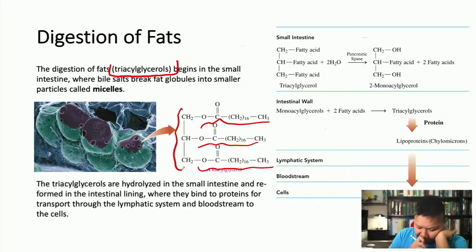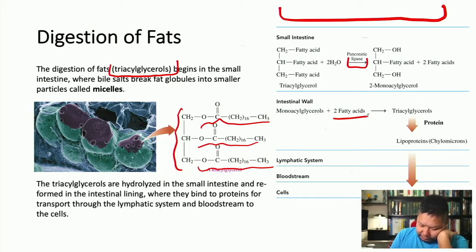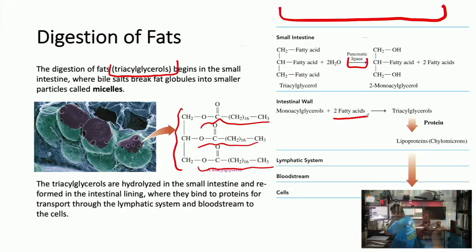And when you're digesting fats, it's the same process as glucose or polysaccharide digestion up until you get to the small intestine. The difference now is that you have lipases, and lipases will come down and break down the triacylglycerol into its constituent fatty acids, and also a glycerol.